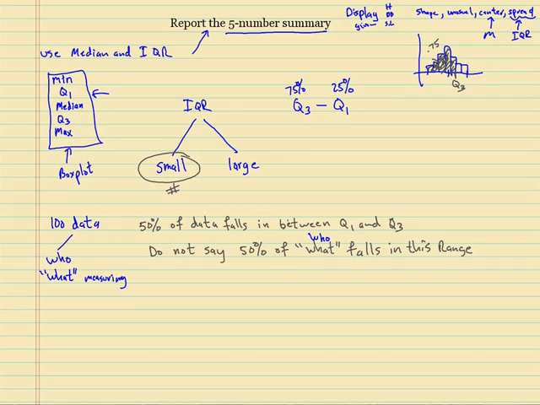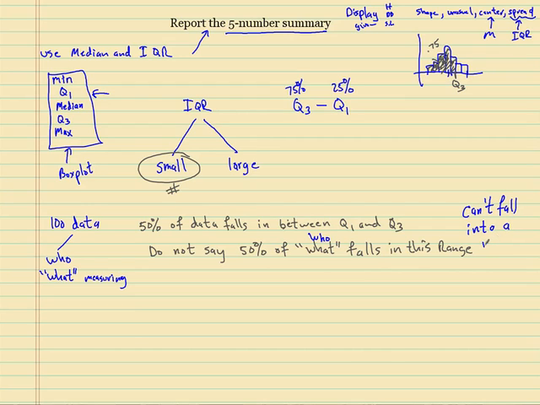50% of the heights of the students fell between this number and this number. Don't say the range. See, I almost said it. Do not say 50% of whatever you're talking about falls in this range, because the range is a number. You can't fall into a number.